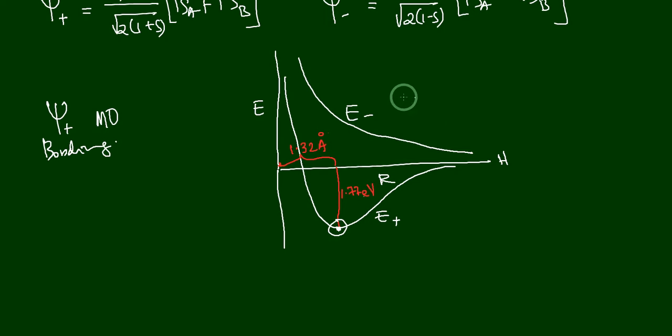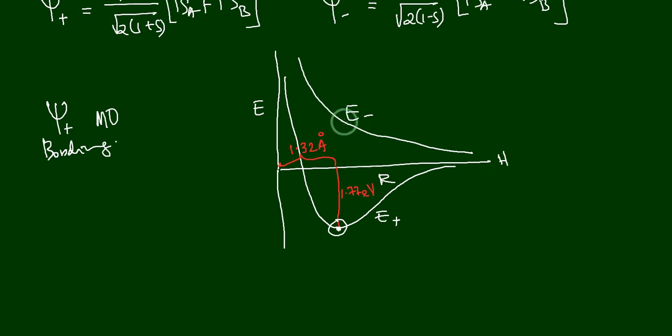Okay. But if you are considering the other case, the E minus profile, we can see that the molecule will always have an energy which is greater than the energy of the hydrogen atomic orbital. So this molecular orbital will always have an energy greater than the hydrogen atomic orbital.